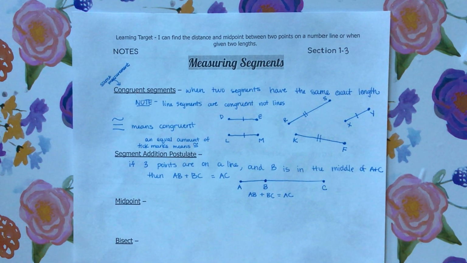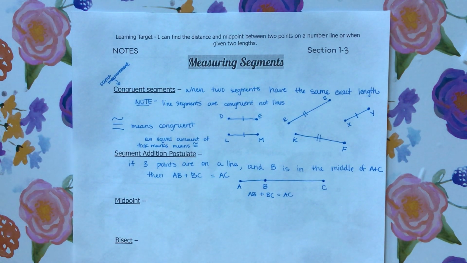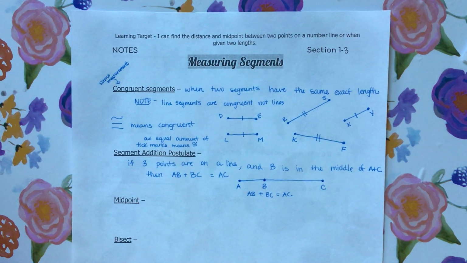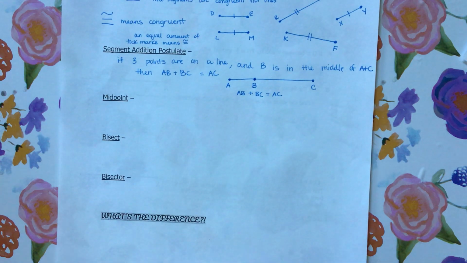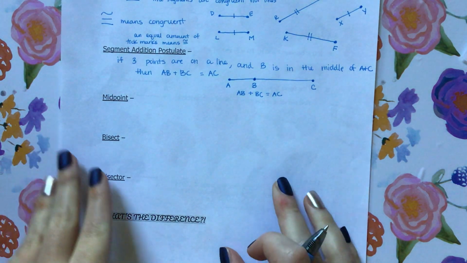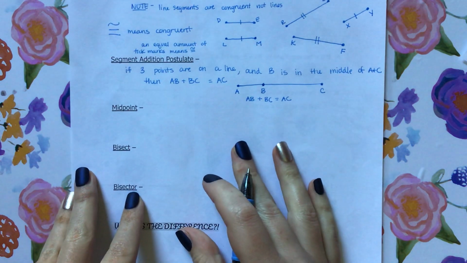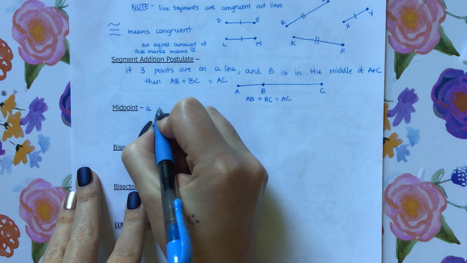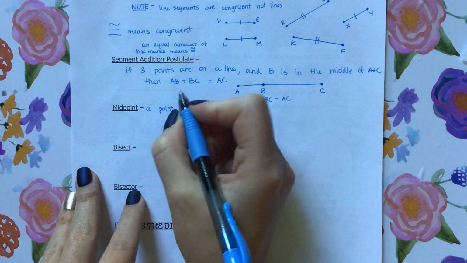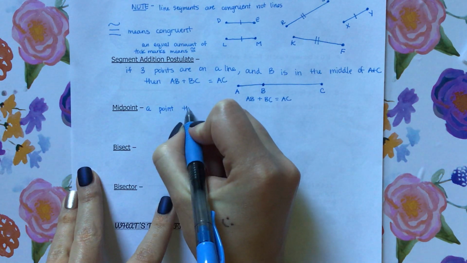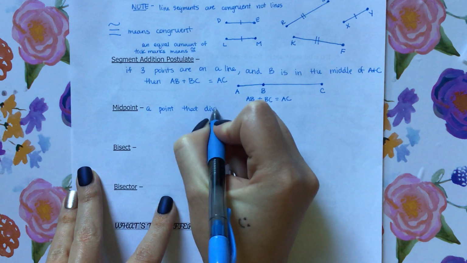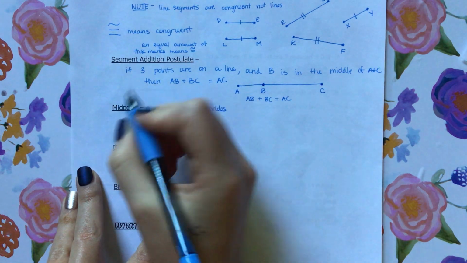Okay, now we're getting a little more specific, something called a midpoint. You guessed it. A midpoint is a point that falls right in the middle. So it is a point that divides a line segment.